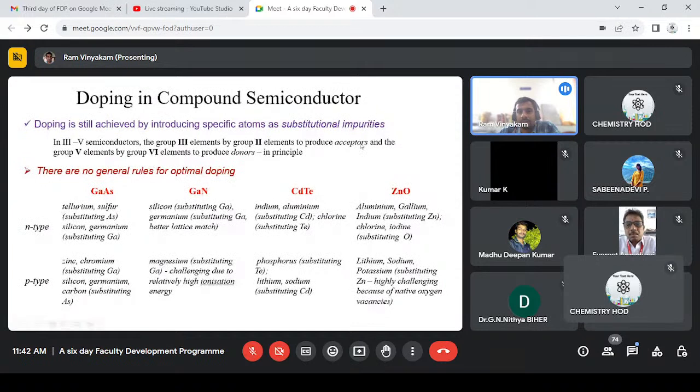But nitrogen will not be targeted much, as in the case of arsenic, for taking an N-type or P-type character. In the case of P-type, you can take magnesium and it will show P-type, and there is a challenge because of the higher ionization energy of magnesium compared to gallium. So there was the challenge of P-type doping in gallium nitride, but now it is interestingly established.